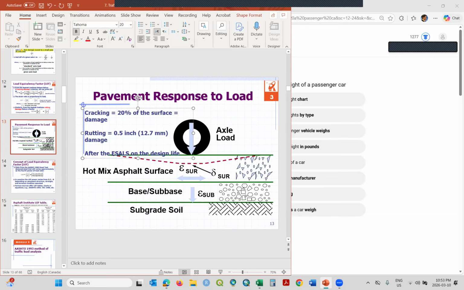So what they did is they calibrated equations that will correlate to this amount of damage, which is an imaginary unit, so that it will arrive into these amounts after your design life.